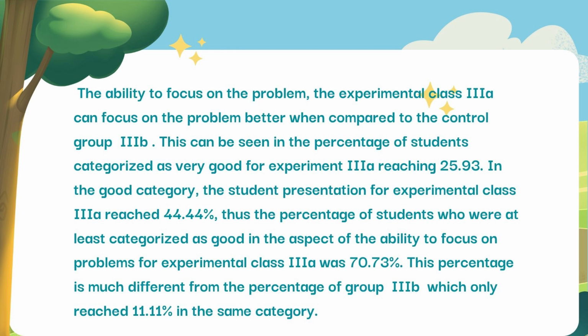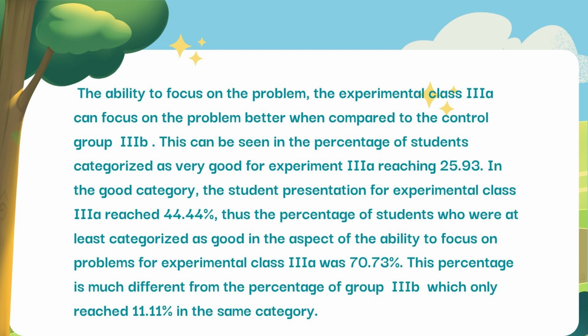The experimental class 3A can focus on the problem better when compared to the control group 3B. The very good category for experimental class 3A rose 25.93%, and the good category for experimental class 3A rose 44.44%.